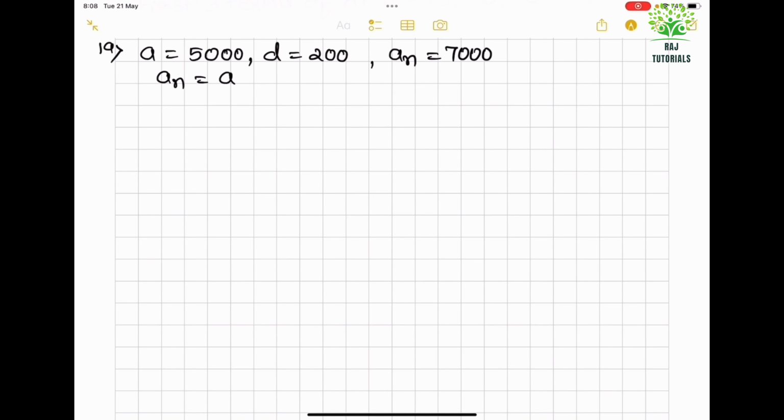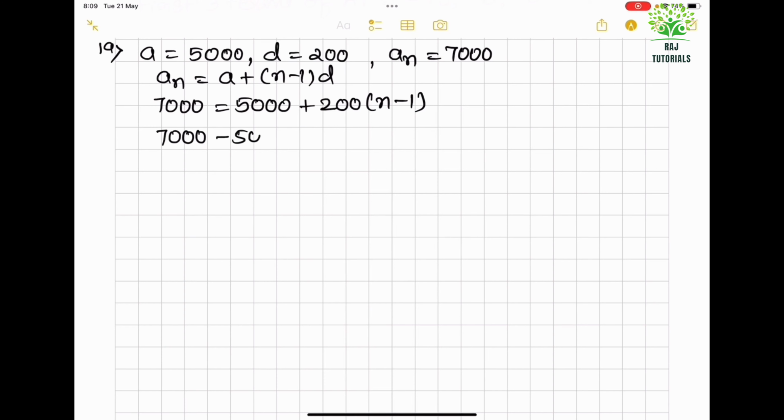So 7,000 equal to 5,000 plus 200 into (n minus 1).